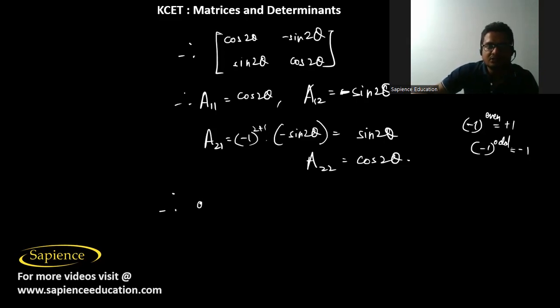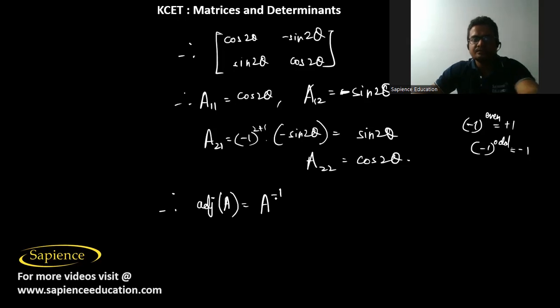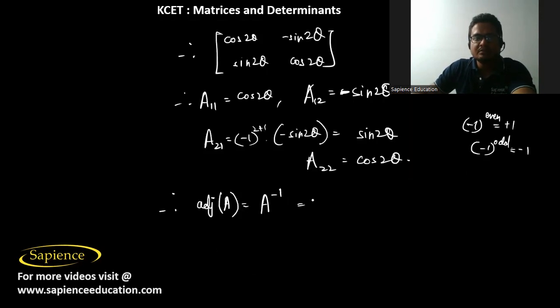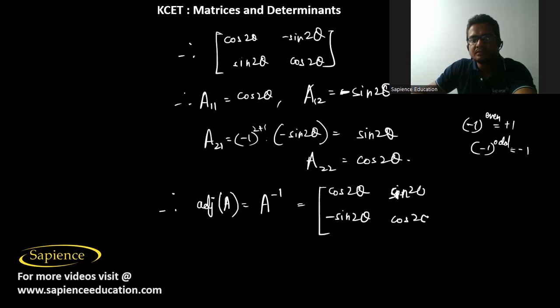Therefore, the adjoint of this matrix A will be the same as A inverse also, since the determinant of A is equal to 1. So that will be A11, cos 2 theta, and A12, minus sin 2 theta, then A21, sorry, sin 2 theta, and cos 2 theta.